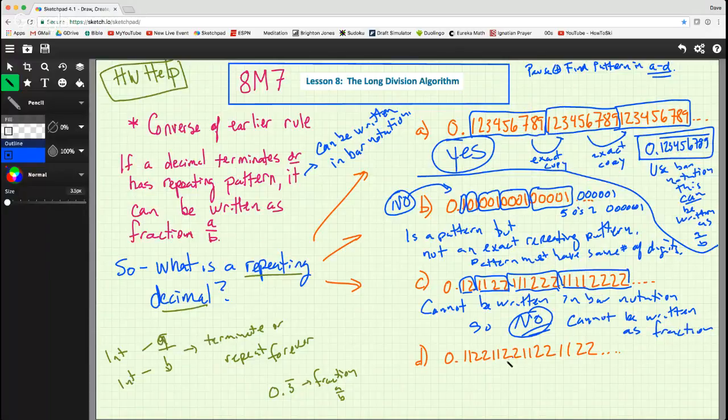How about this one? 1, 1, 2, 2. 1, 1, 2, 2. 1, 1, 2, 2. This looks pretty good. We can write this as 0.1122 repeating. Right?